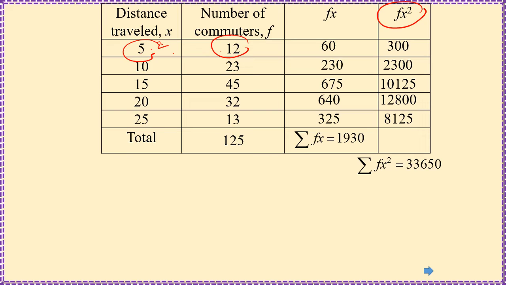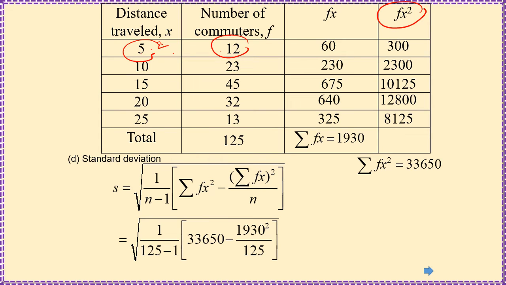Okay, so we have all these values and then we total up, we get 33,650. And then we just put it into the formula for standard deviation and variance. For standard deviation, it will be the square root of 1 over n minus 1, which is 1 over 125 minus 1, multiplied by the summation of fx squared, which is 33,650, minus summation of fx, which we got earlier equal to 1,930, squared, divided by 120.